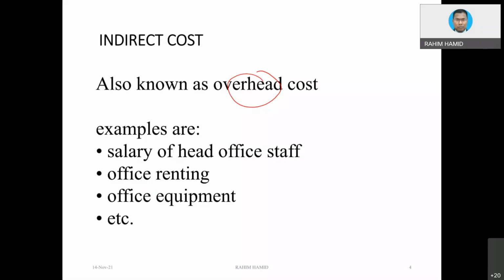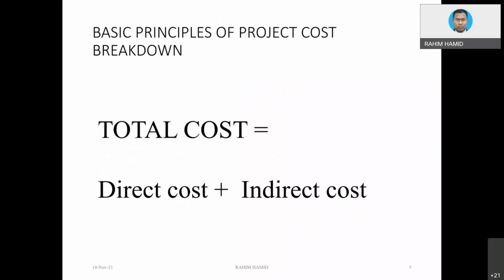And the rest would be all the money that is needed to manage the project, including professional salary, which would be included in the indirect costs, whereas the workers would be inside the direct costs. So when you combine those things together, that would be the total cost.